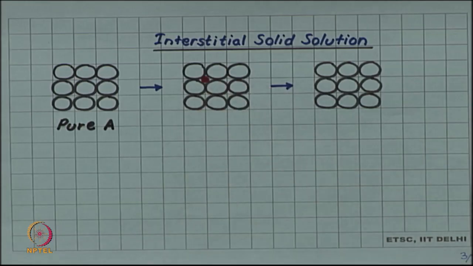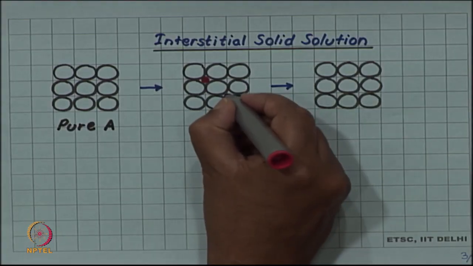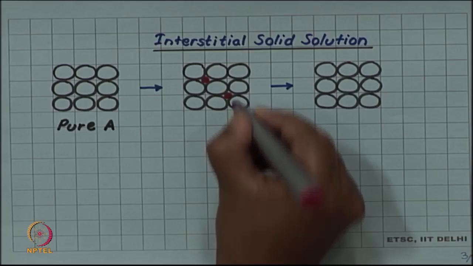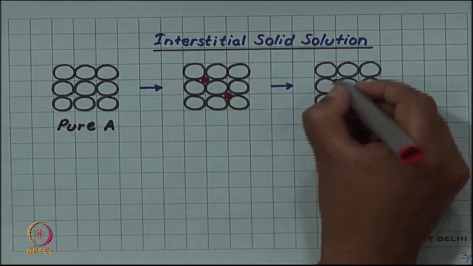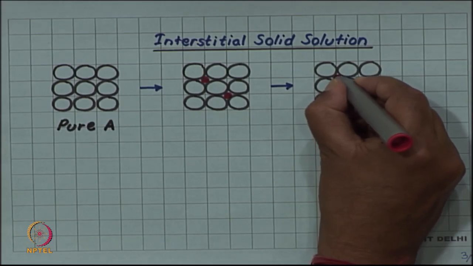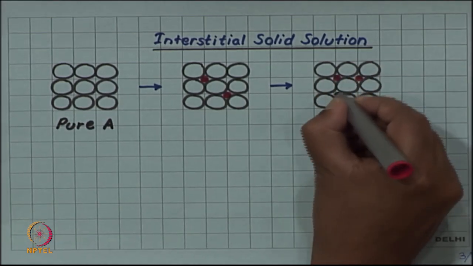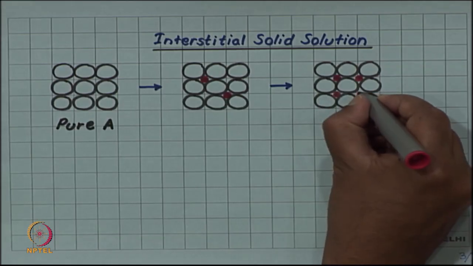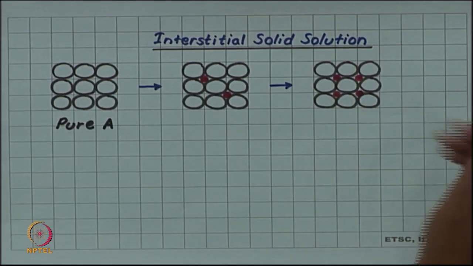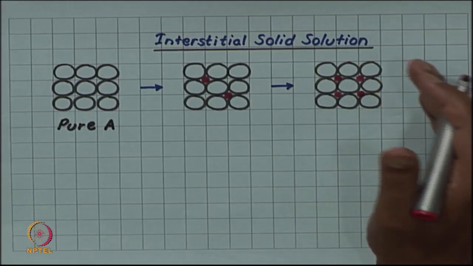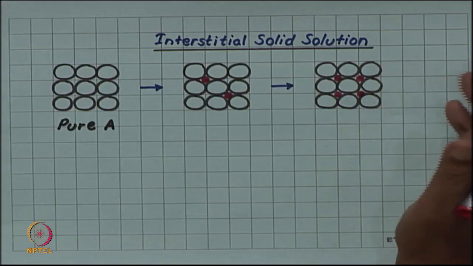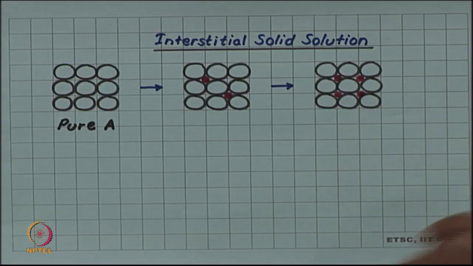So, I place 1 B here. Of course, there are other voids empty. So, I can put one more. Of course, I can continue this process and ultimately I will fill all the voids. And once I have done that, I have automatically found an upper saturation limit. Beyond this, I can't put any more solute.